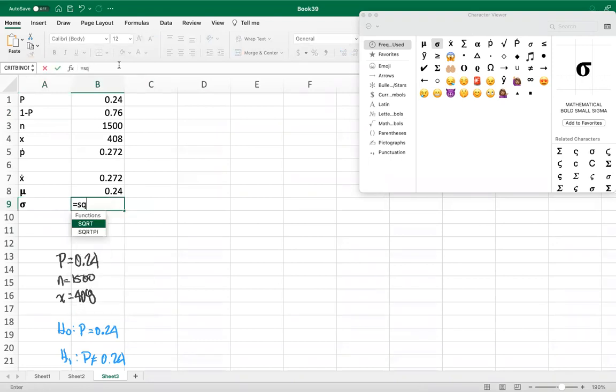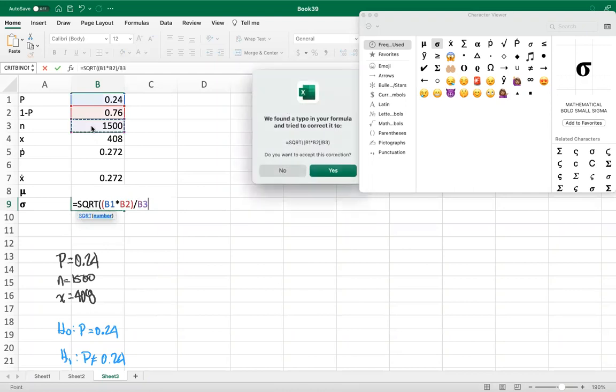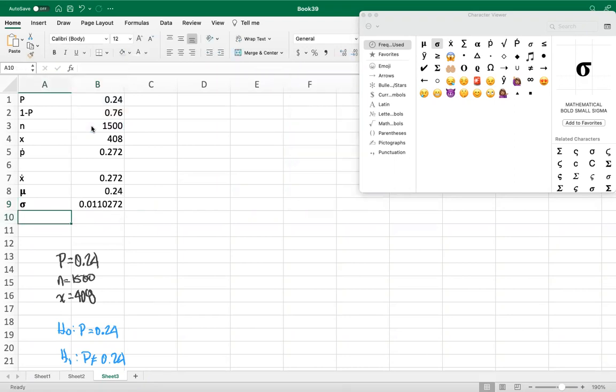Standard deviation is the square root of our numerator, P times 1 minus P, and close parentheses for the numerator, divided by the denominator, and the denominator is N. I think it's just because I forgot that last parenthesis. All right, so we have all of this.